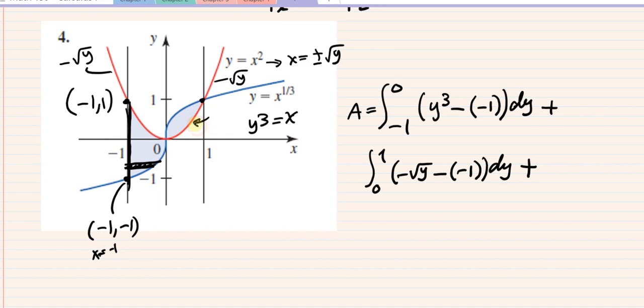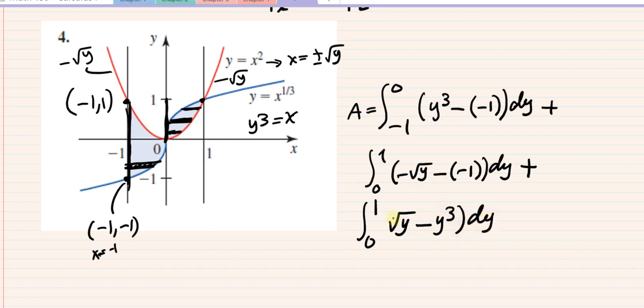The red lies entirely to the right of the blue curve from 0 to 1, right? So we go with horizontal rectangles, and as you move from lower to upper limit, the red is always to the right. So it's going to be plus the integral from 0 to 1 of the function on the right side, root y, minus the function to the left, which is y cubed.